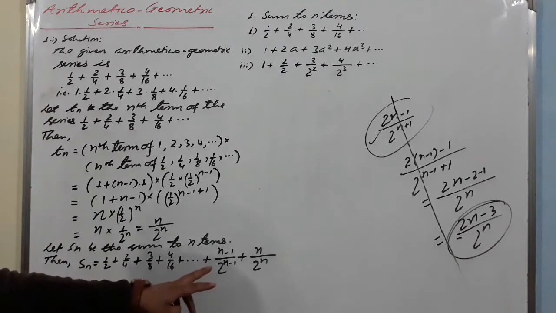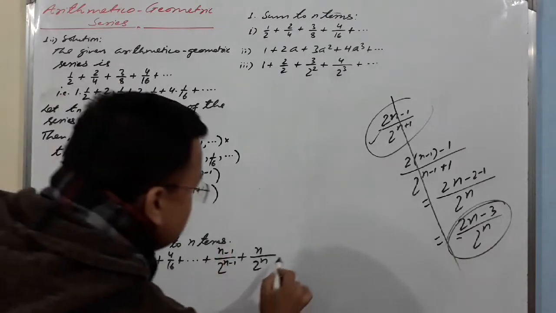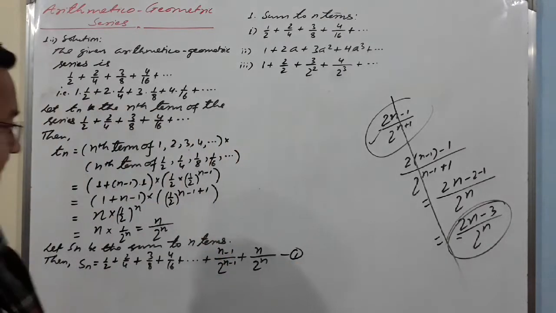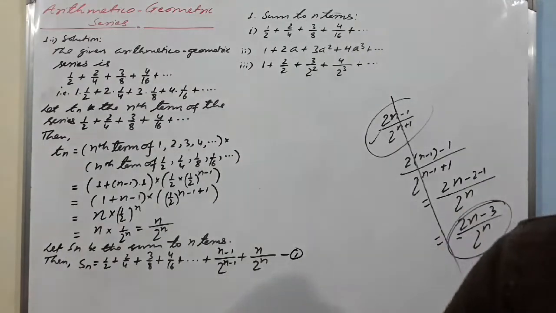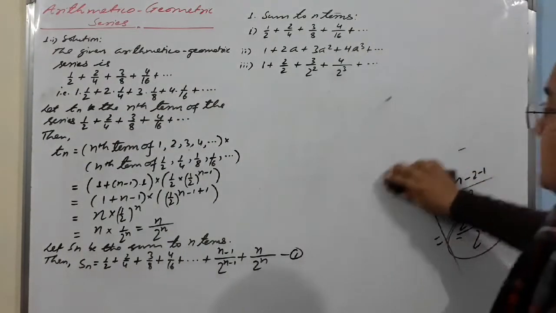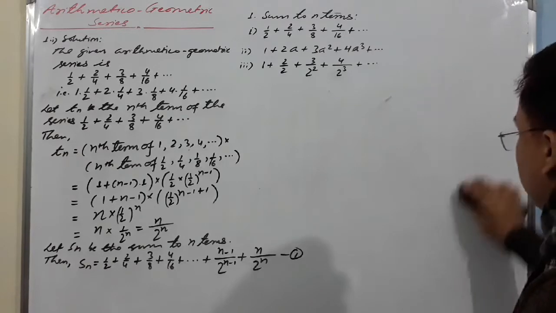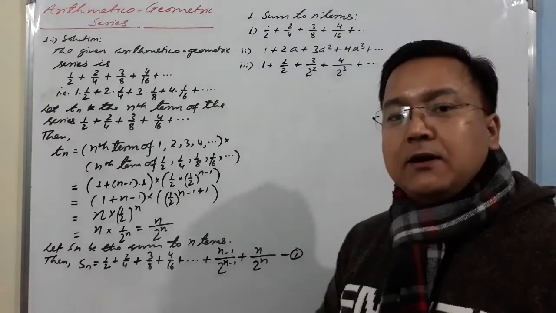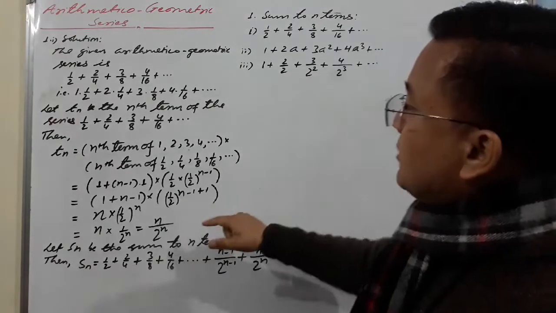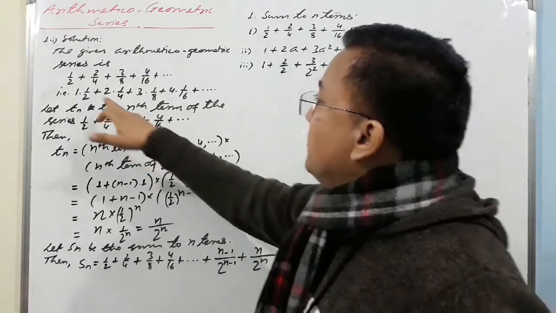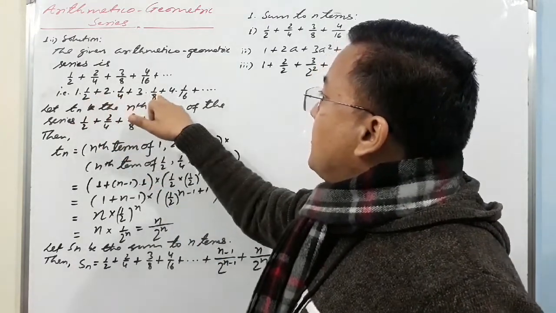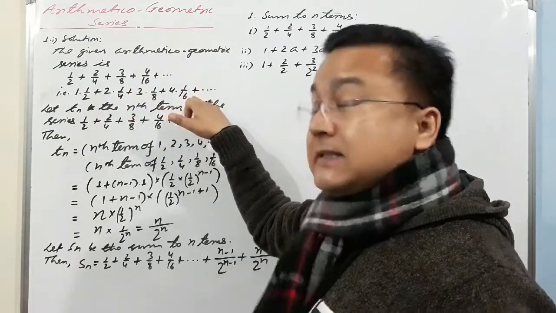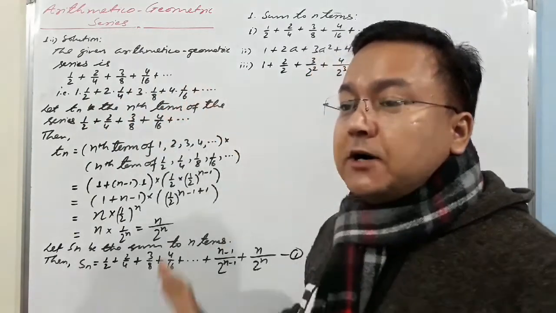So easily we have written here the second last term also, right? So let's do this one. In order to find out the sum to n terms, we need to multiply by the common ratio of the GP. What is the common ratio of the GP? As I told you, 1 by 2, 1 by 4, 1 by 8, 1 by 16, dot dot dot.